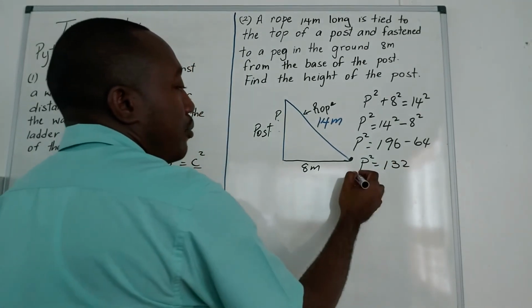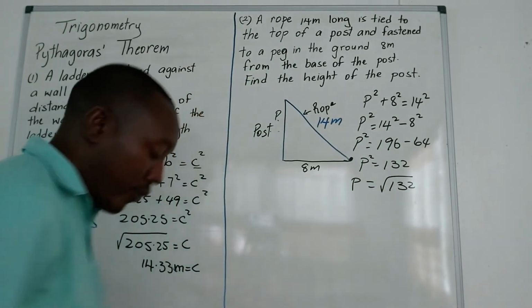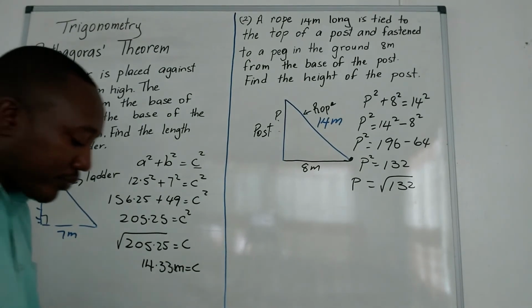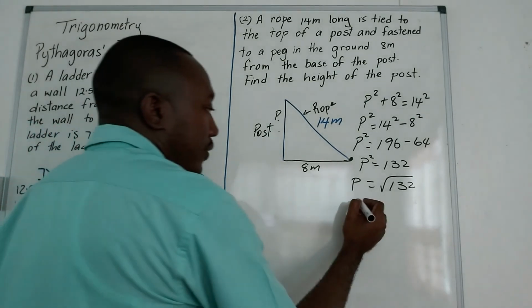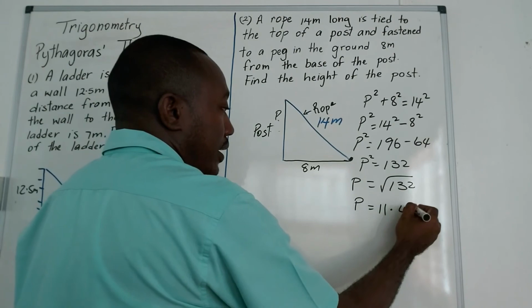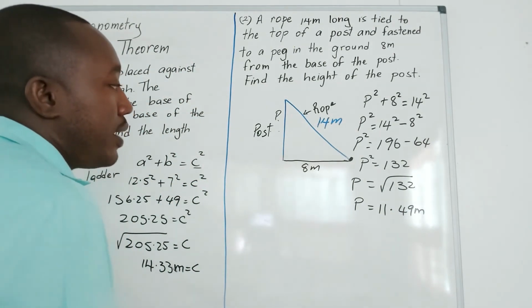So now P is equal to the square root of 132. What is the square root of 132? That answer is 11.49 meters.